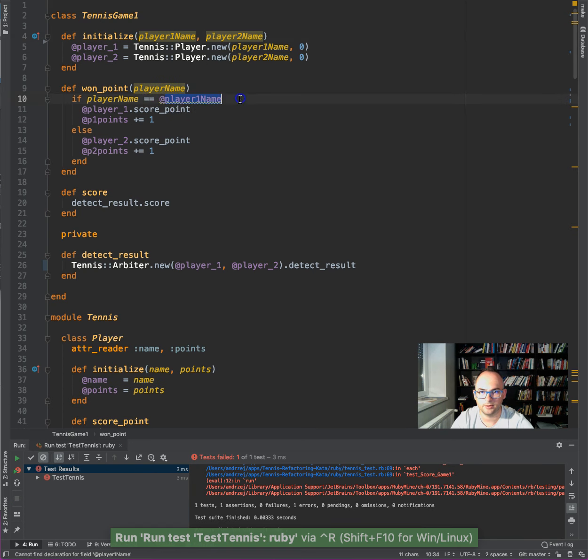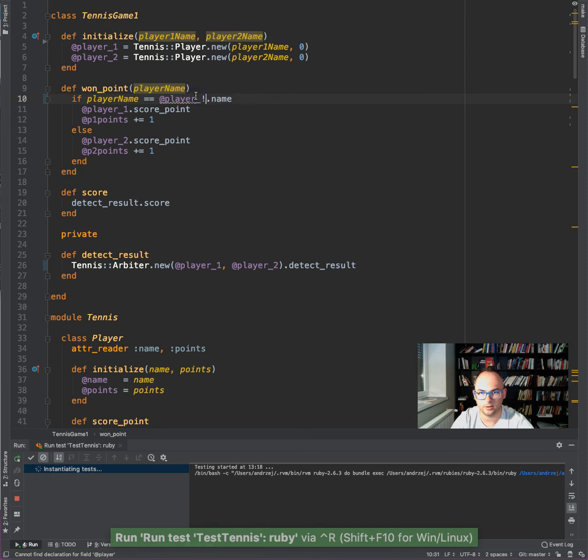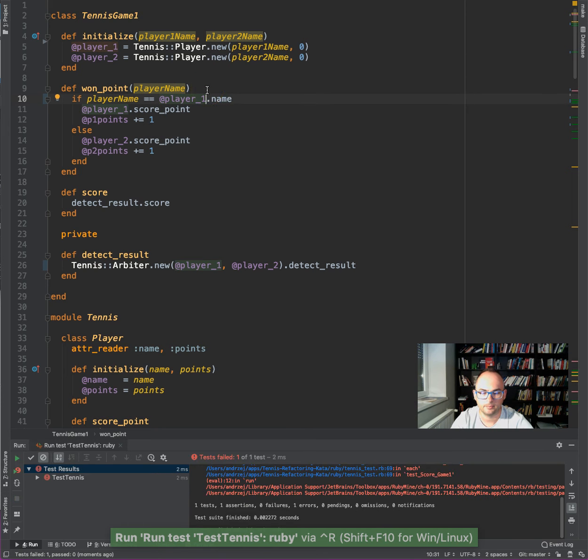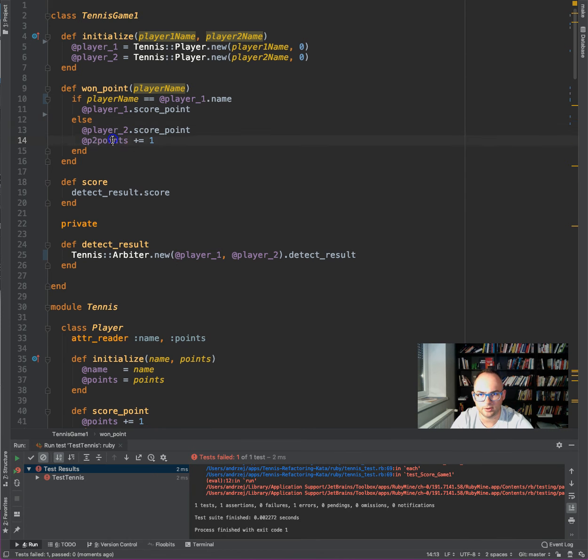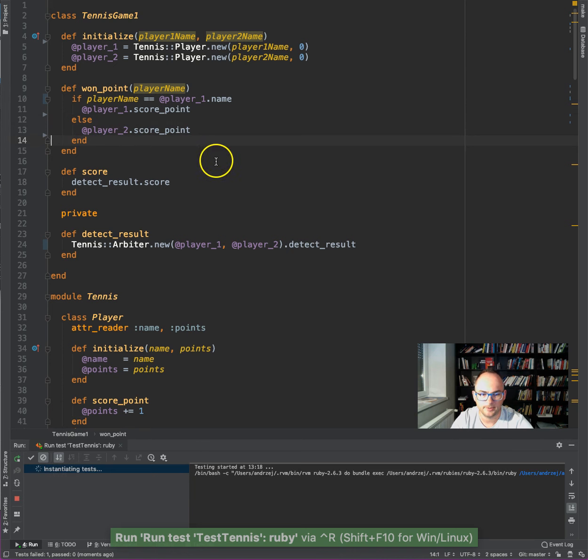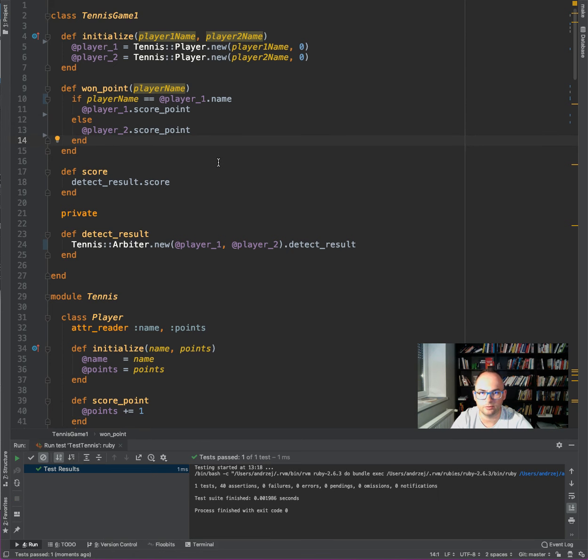Oh, and now here, this is the place where I missed one change, player1. Still not everything. Okay, now this is disappearing, this is disappearing. Good. So that was a nice simplification overall.